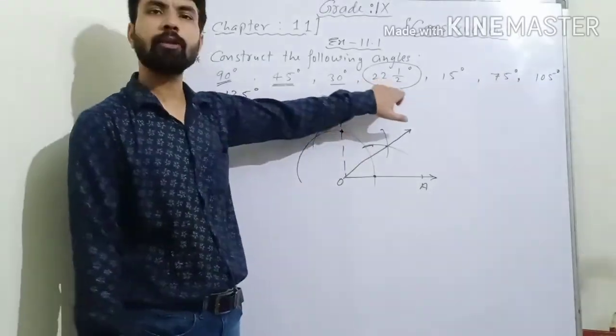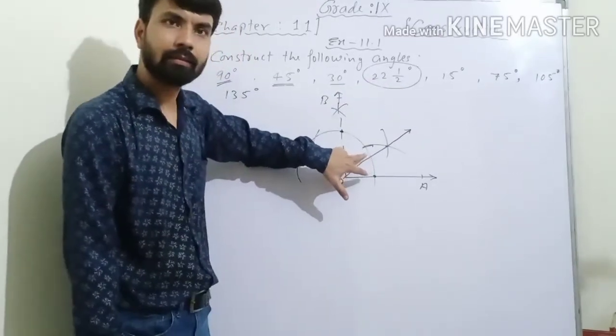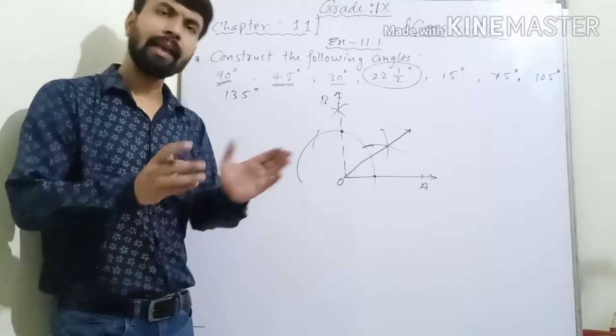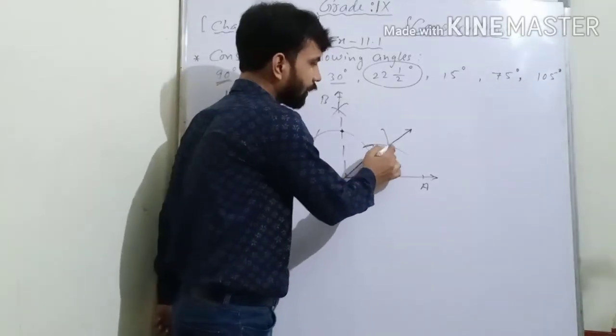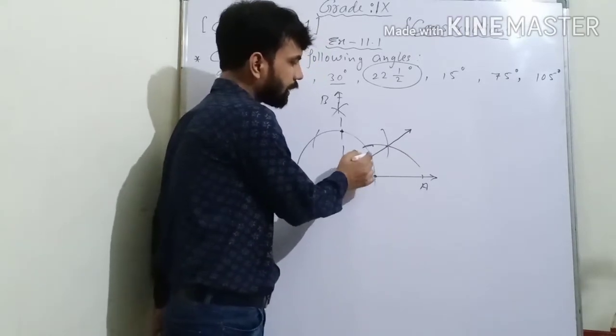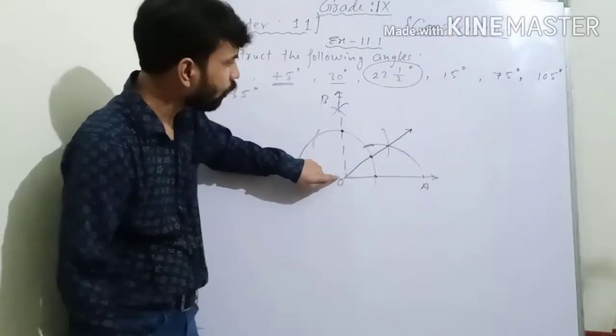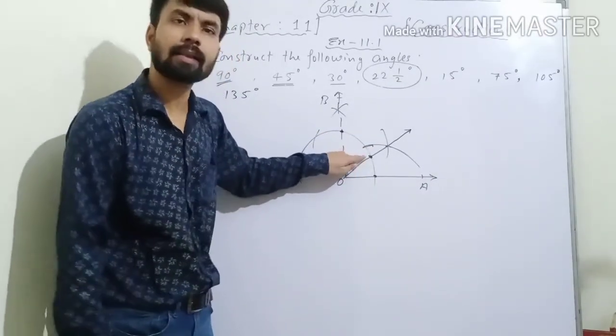We want 22.5. Then we will have to bisect this angle. Again, by taking the same distance in your compass, put your compass here, construct an arc like this, and put your compass on this point where the ray of the 45-degree angle and the semicircle intersect.